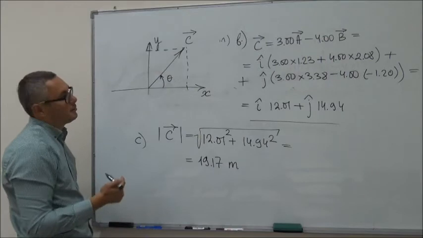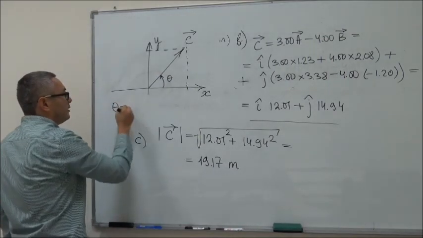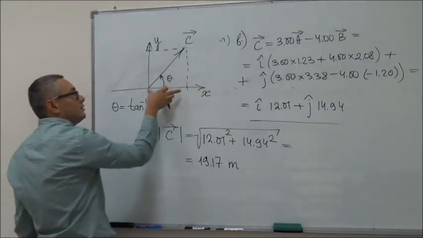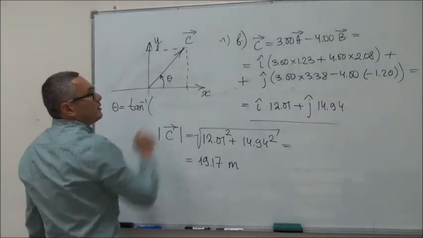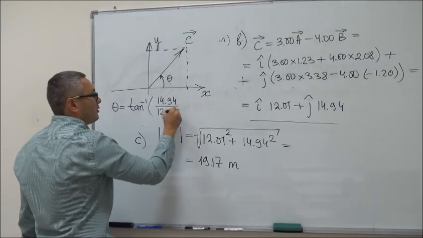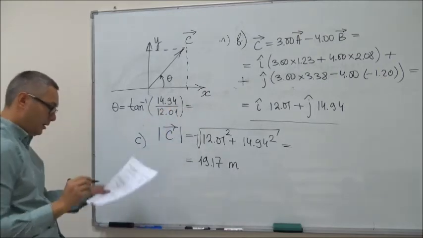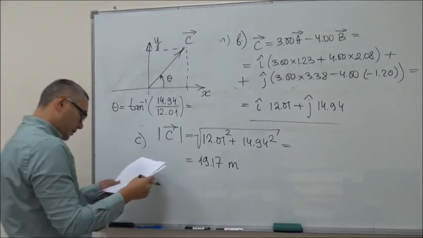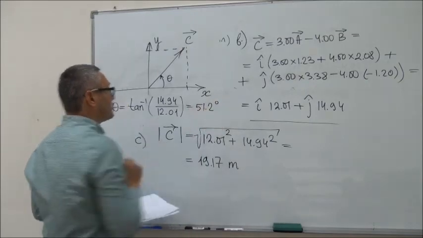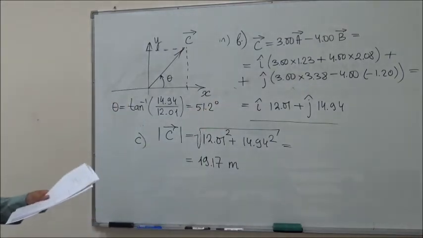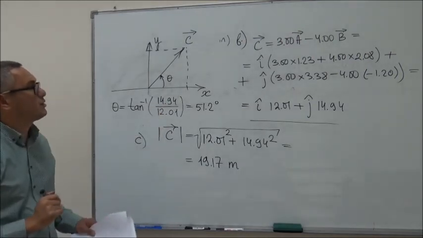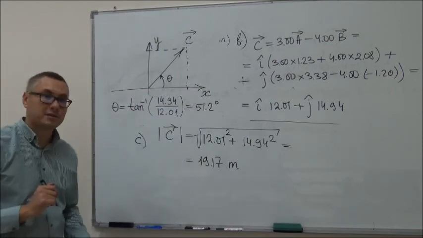Just as we have shown in the previous examples, angle theta is equal to the tangent inverse of opposite over adjacent. So in this case, this is equal to 14.94 over 12.01. And if you do the calculation, it gives you 51.2 degrees. So now we have both the magnitude and the direction specified by this angle. So that answers part C.